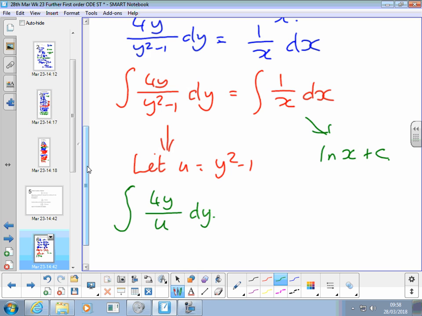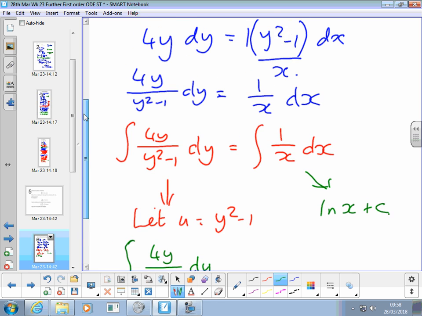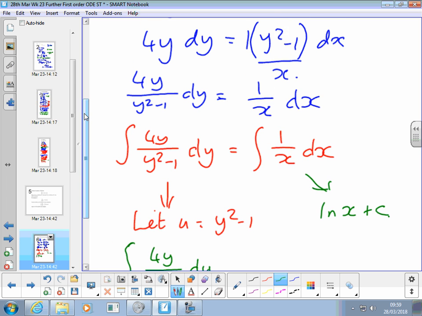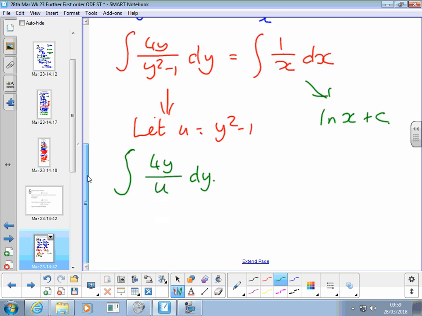That definitely goes as ln x plus c, because you're integrating 1 over x. What's your final answer? You just tell me.